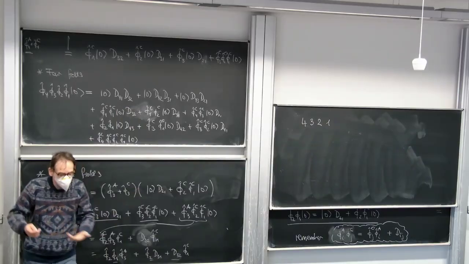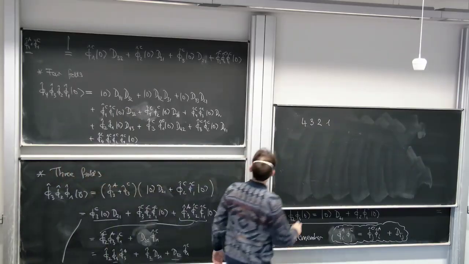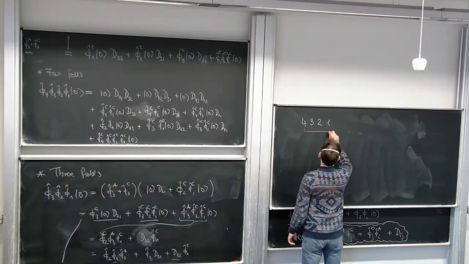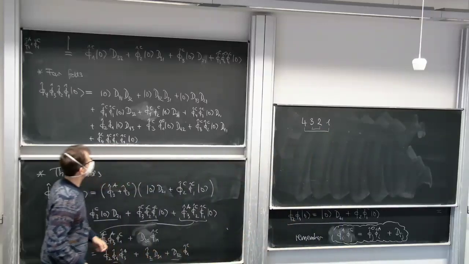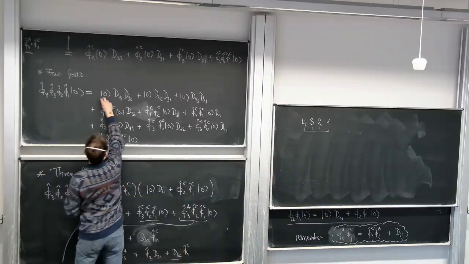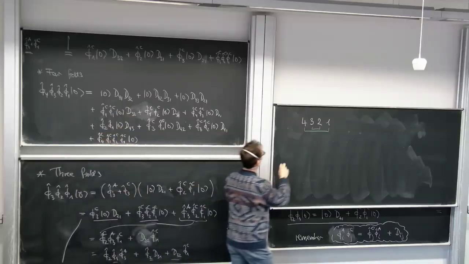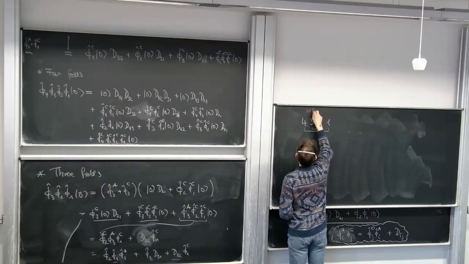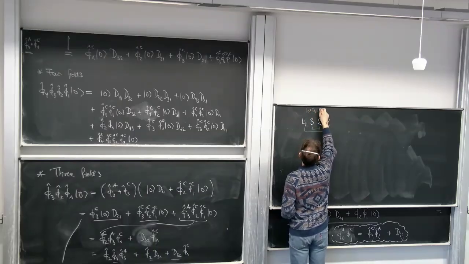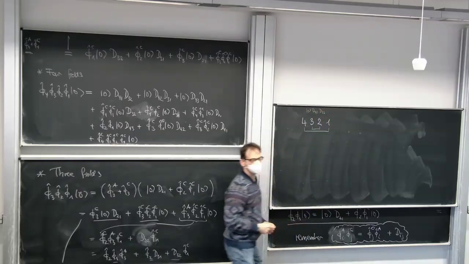So it looks like there's a connection, and that's what they draw. This is now a way to denote that first thing. So this is supposed to mean D 4 1 B 3 2.